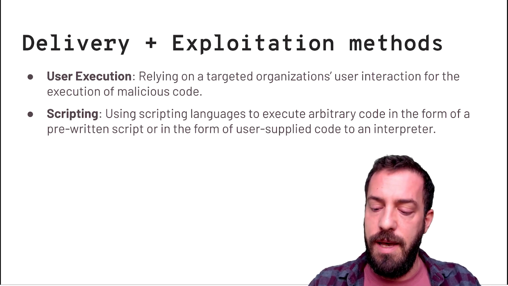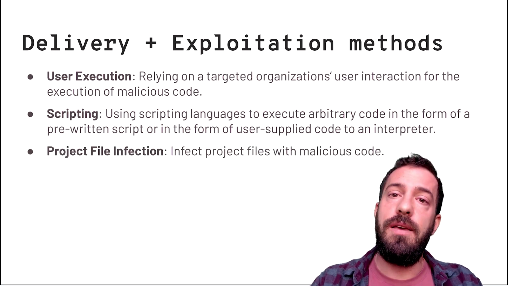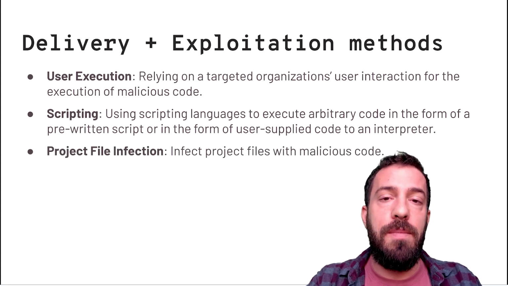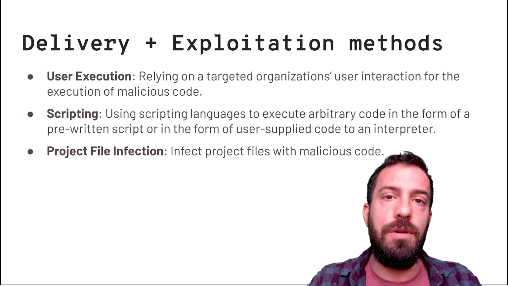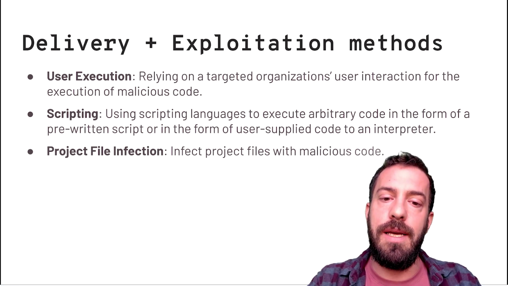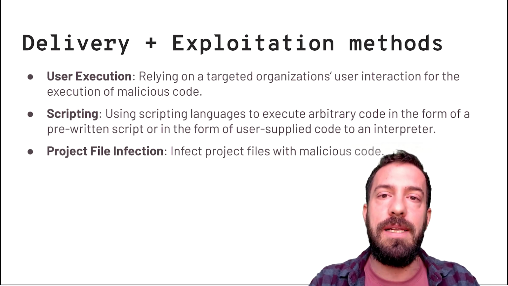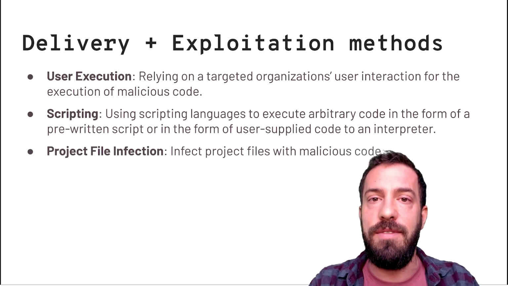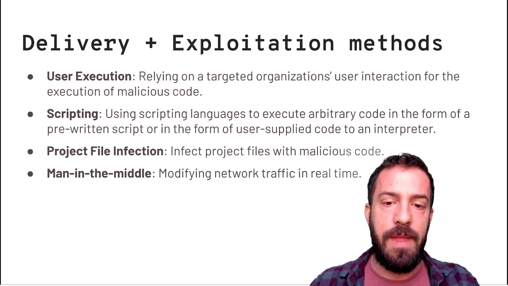computer that you're targeting. Project file infection: you may put malware directly in the project file of the PLC or some other control logic in your system. So you can put the code in the project file, and someone will load it into the PLC, and now you have the attack delivered in the PLC itself.